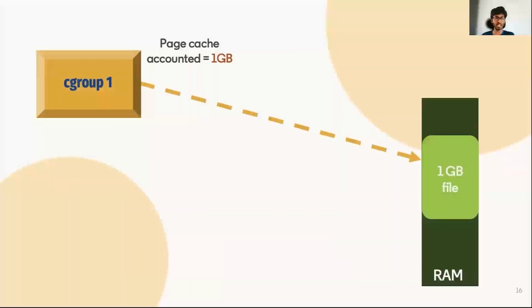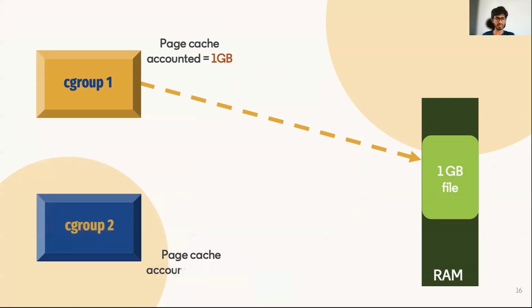So we have the C group 1 with an application inside it, and it creates a new page or multiple pages for a 1 GB file in RAM. And that C group gets accounted for it, and it says that its page cache is accounting to 1 GB.